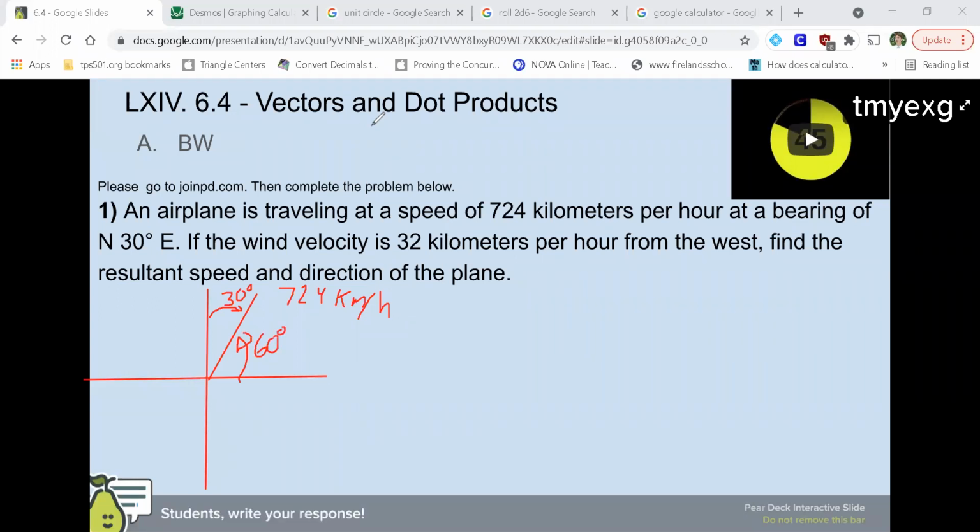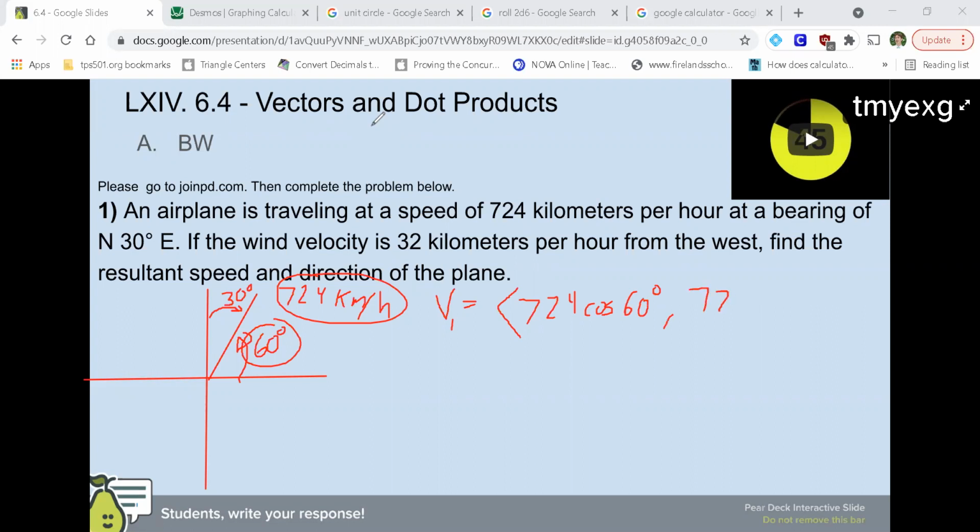And so if we use this angle and this magnitude, we can find the vector in its component form. Let's call this vector 1. Does anyone remember how? We're going to take 724 and multiply it by the cosine of 60. That'll give us our x component.